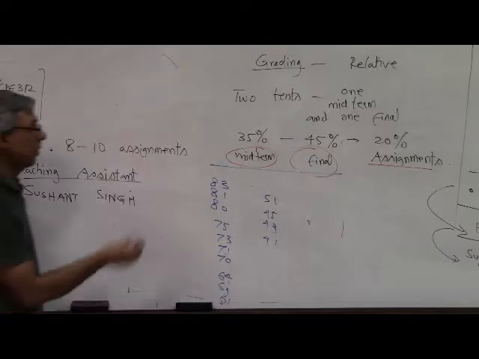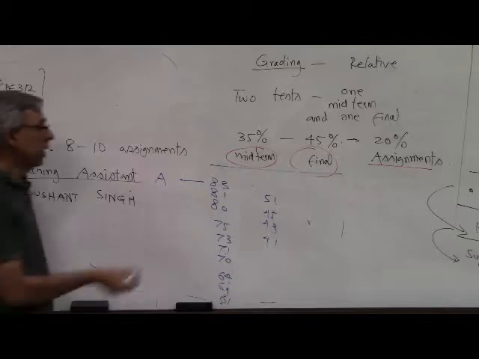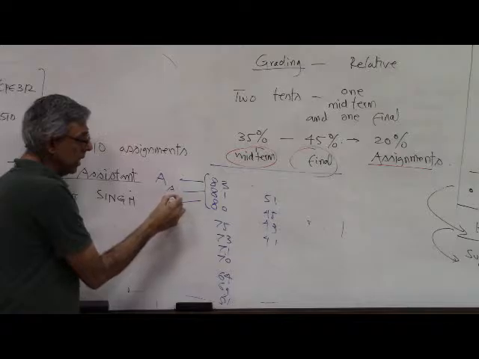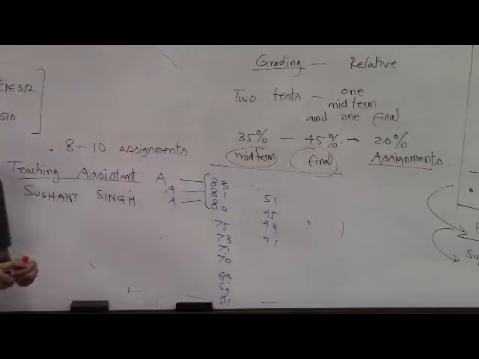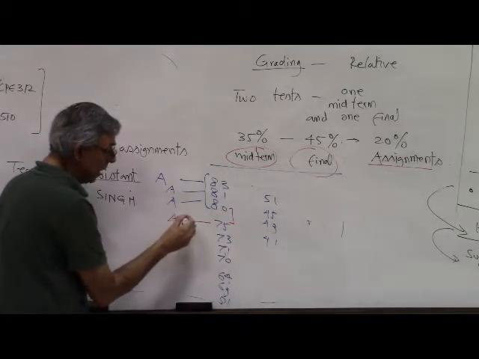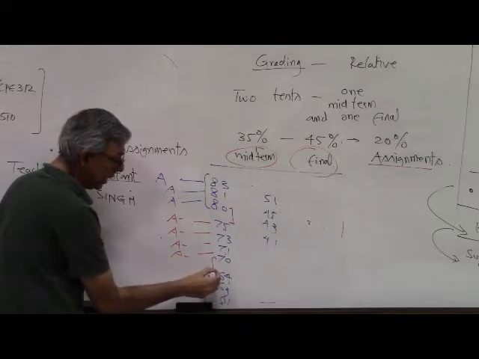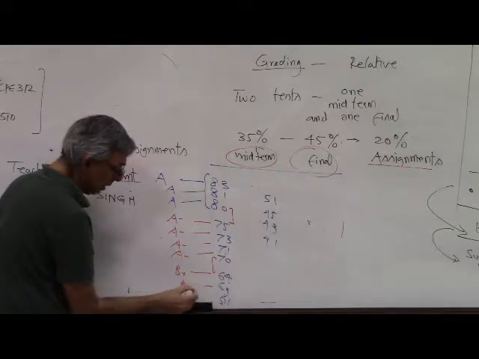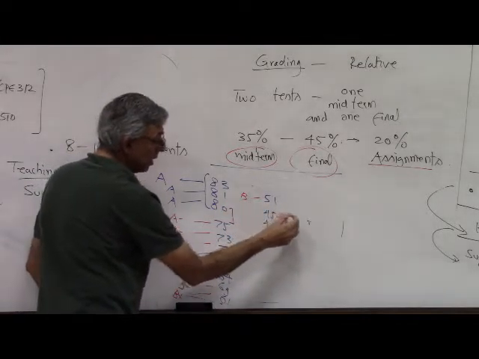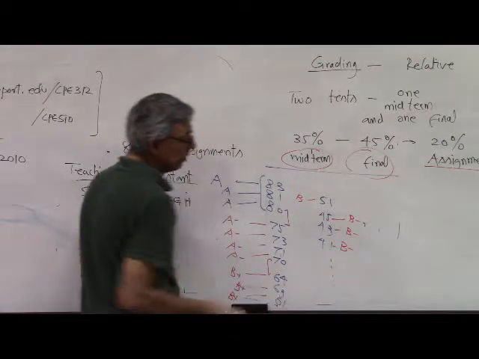So the way I grade is the highest student will get an A. If there are other students that are close to this score, they will also get an A. Then I look for the next break. So now I see there's a bigger gap, so this will go to an A minus, A minus, A minus, A minus, then there's a bigger gap, B plus, B plus, B plus, bigger gap, then B minus, B minus, B minus, and so on.